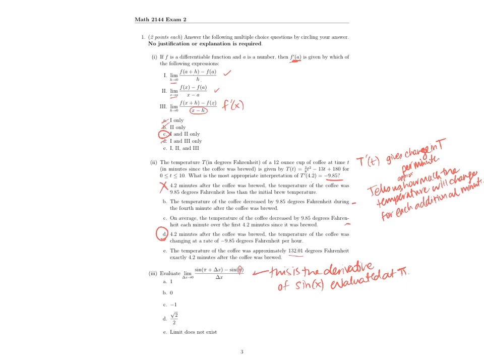So I know that the derivative of sine is cosine. And if we evaluate that at pi, cosine of pi is negative 1. So the answer is C.